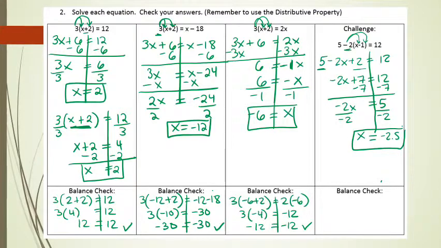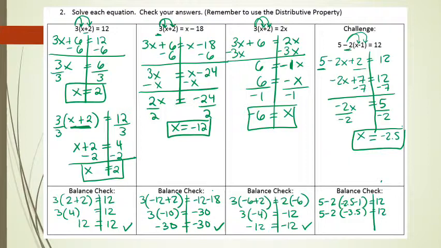And we're going to double check our answer. So 5 minus 2 times the quantity of negative 2.5 minus 1 equals 12. So negative 2.5 minus 1 would give us negative 3.5.